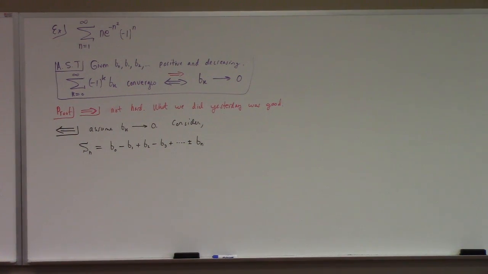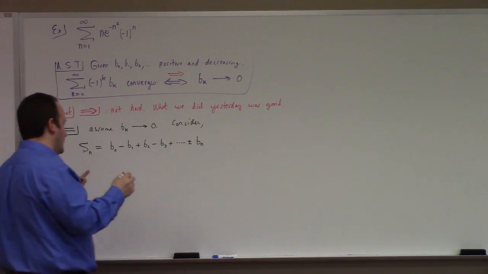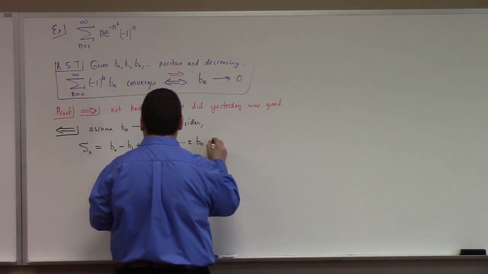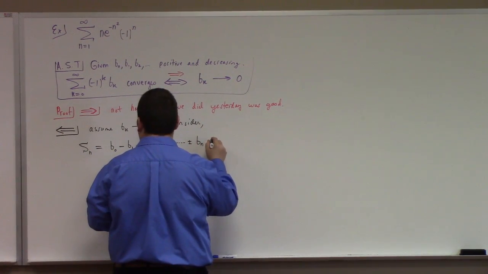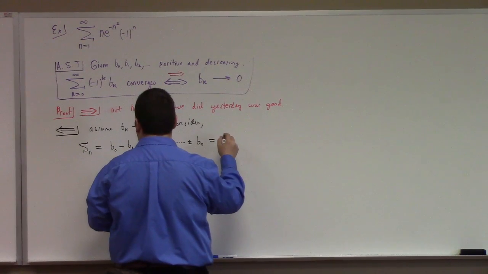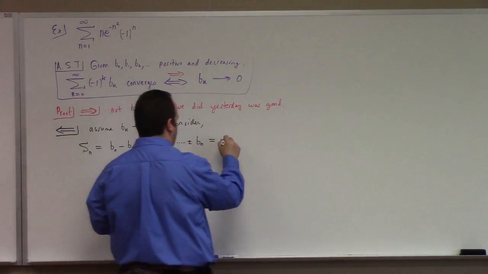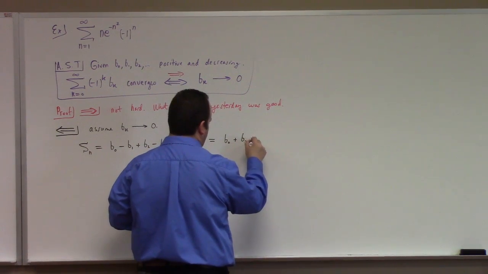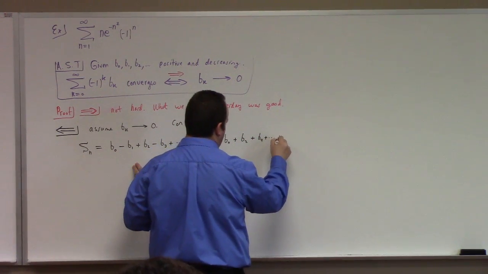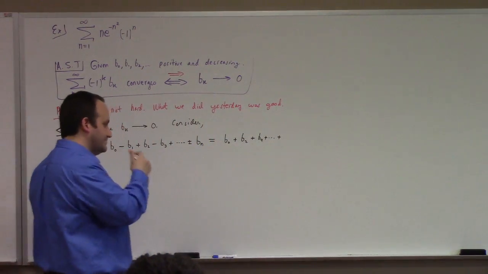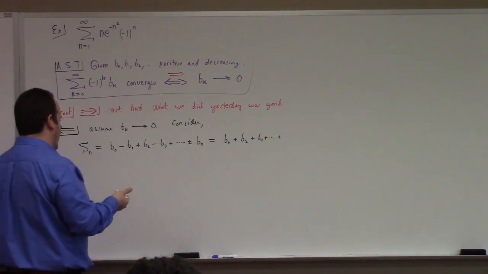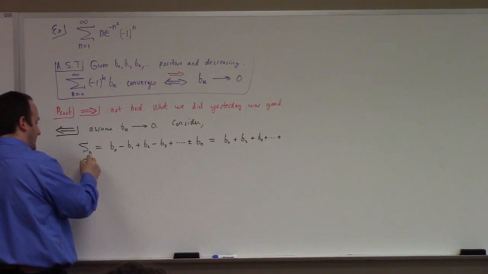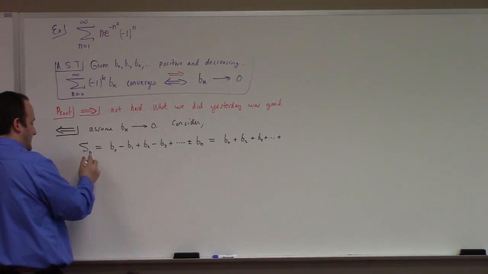What he does is he rewrites this. I don't even know what the right notation is for it, but this would be like b0 plus b2 plus b4 plus and so on. I guess I need to be specific here. Let's suppose that n is even.